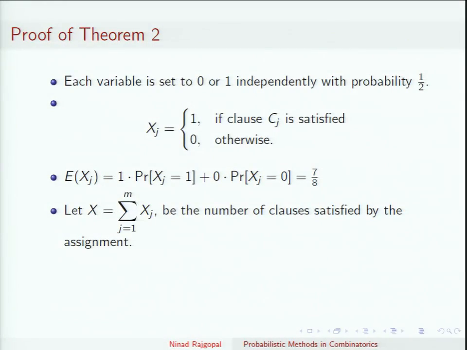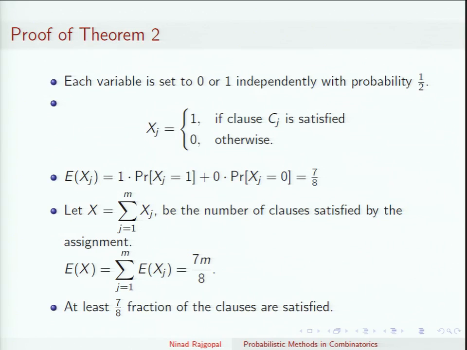Now we'll use the idea that there exists a point in the probability space whose value is greater than 7m by 8. And what this shows is that there exists an assignment such that at least a 7 by 8 fraction of the clauses are satisfied. So is this step clear, going from here to here?